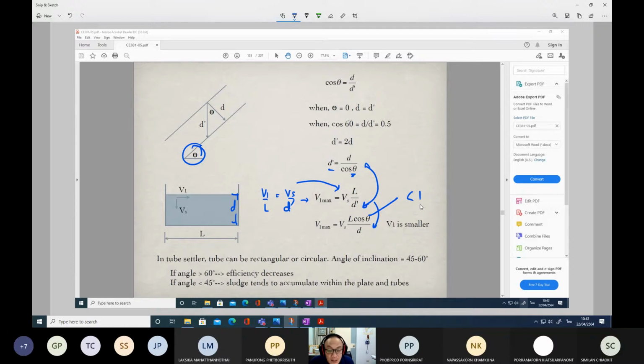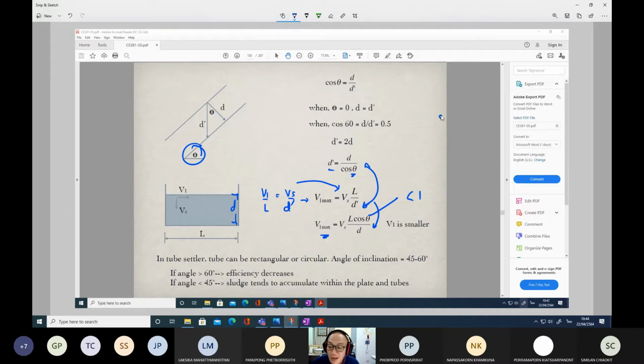So if theta is not 0, the value of V1 tends to be smaller. If it tends to be smaller, what does it mean? How would it enhance the suspended solids removal?